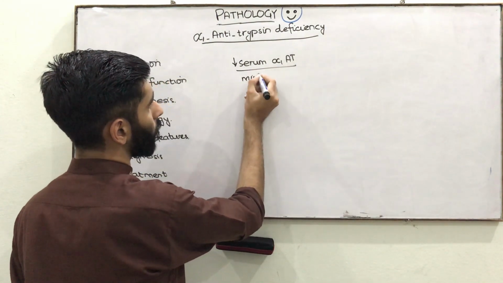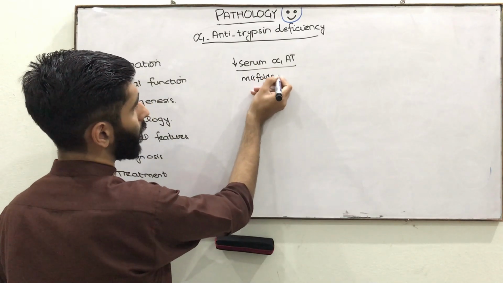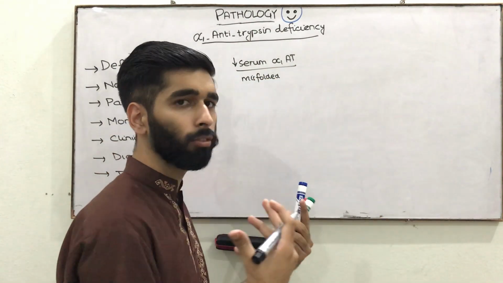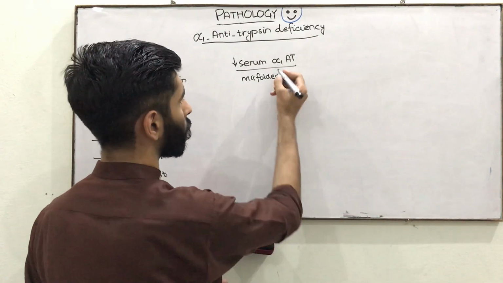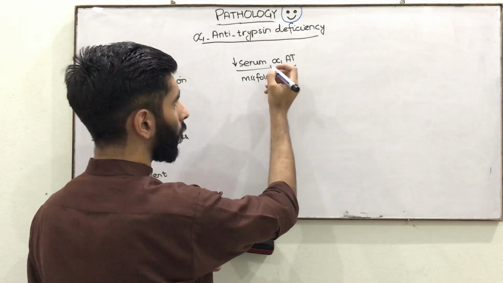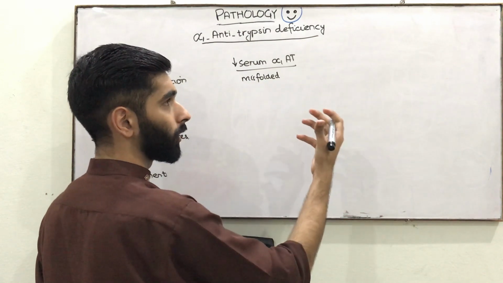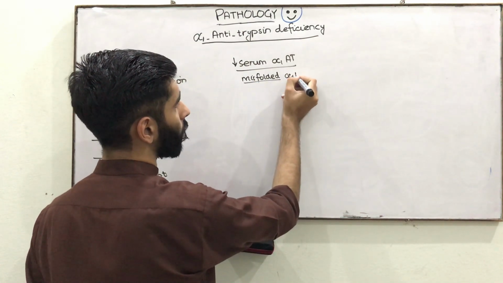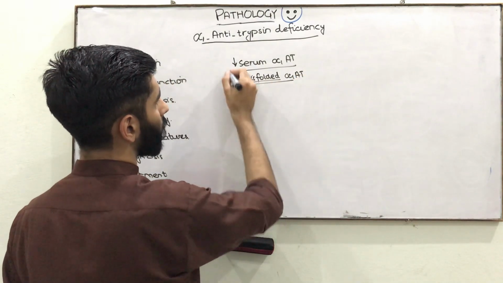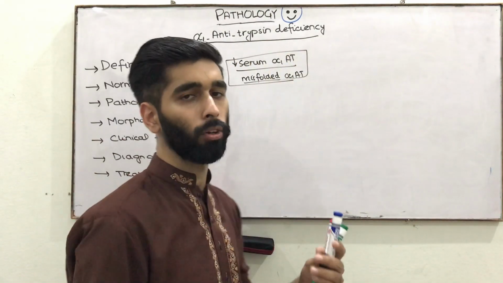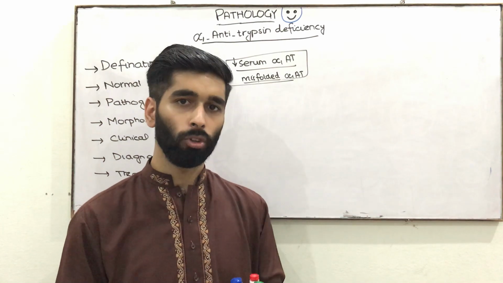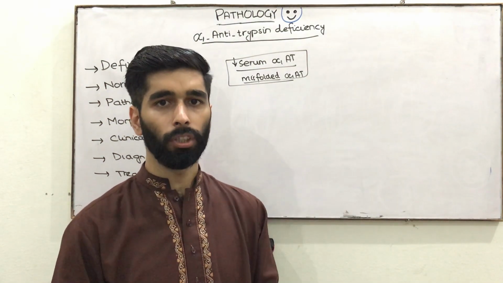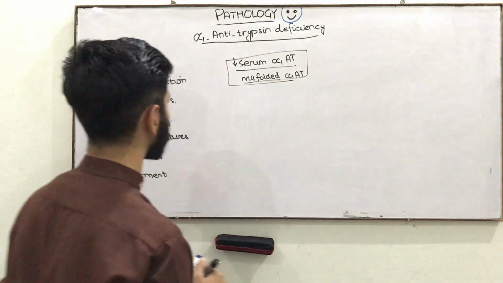So we will find misfolded forms. In case of severe mutation there is a deficiency, and in case of mild mutation there are also misfolded forms of alpha-1 antitrypsin. So this is the definition: low serum level of alpha-1 antitrypsin that is caused by mutation, and there is presence of misfolded form of alpha-1 antitrypsin.